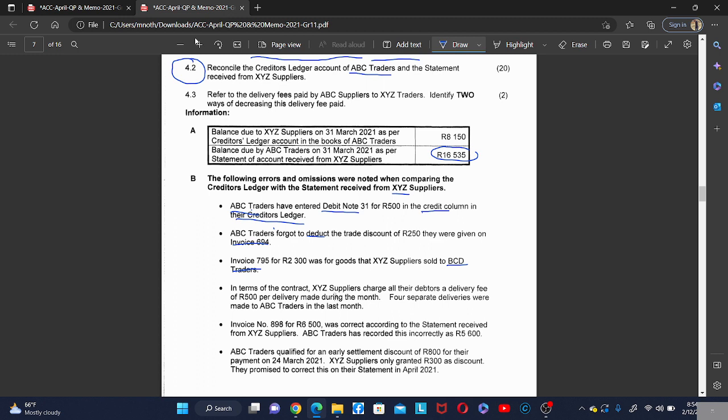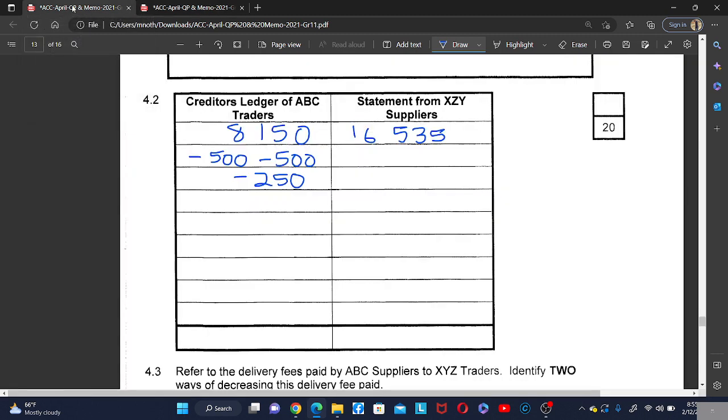So they recorded this invoice in us, and we have to go and subtract it. This error was made by XY suppliers because they were selling these goods to BC traders, and our name is ABC. So they made an error. So we need to go and subtract the 2,300.